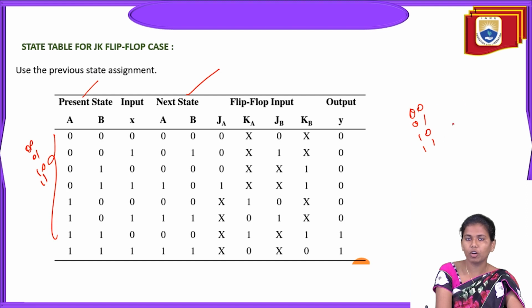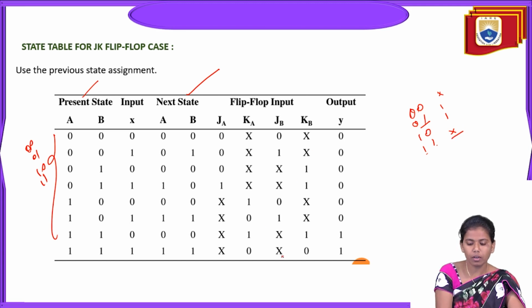In the toggle flip-flop, when both are 0, it is the don't care condition. When any one state is 1, then we observe the output is 1. And if both are 1 as well, then the output of that particular toggle state goes as don't care conditions.